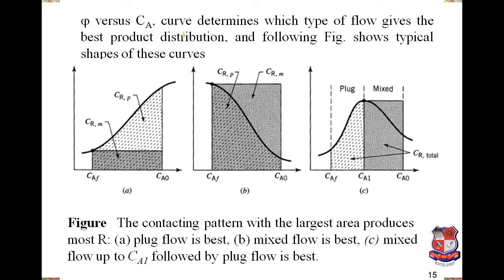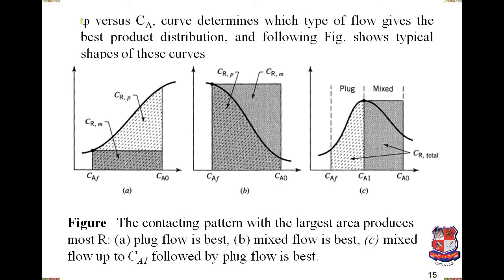So now, the phi versus CA curve determines which type of flow gives the best product distribution. Now this again is an interesting one. Which type of reactor gives me the highest possible desired product formation? Which reactor? The concentration and contacting pattern with the largest area of the plot is the most suitable.